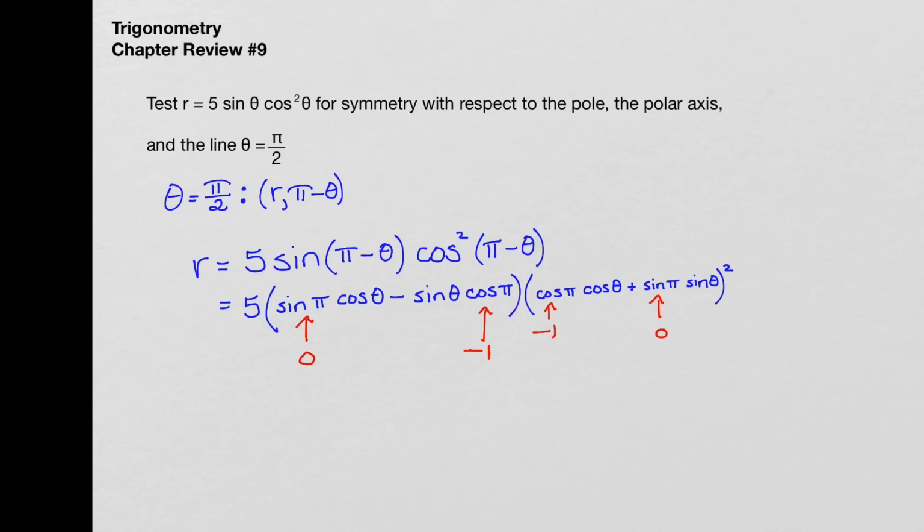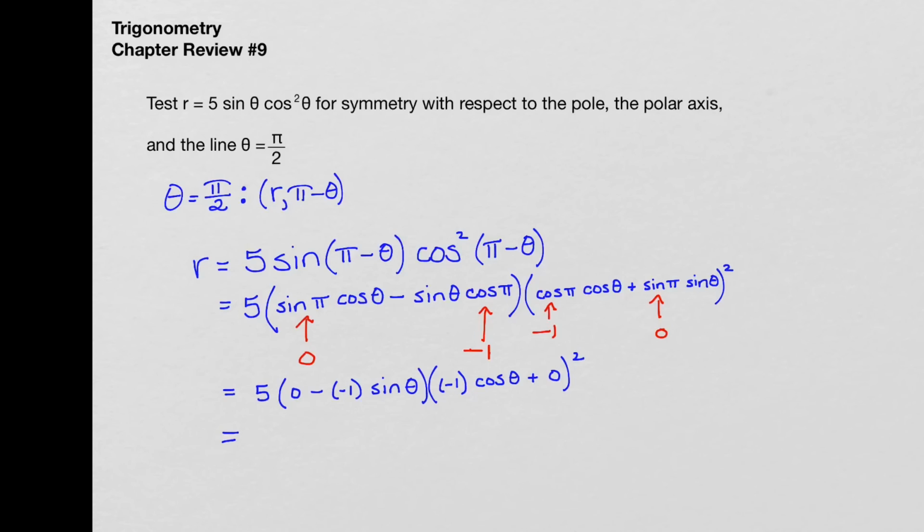So when I go to simplify, what I'll get is 5 times the expression 0 minus negative 1 times sine theta, close parentheses, and then that's multiplied by the expression negative 1 times cosine theta plus 0, and squaring that. And so what do I get when I simplify now?